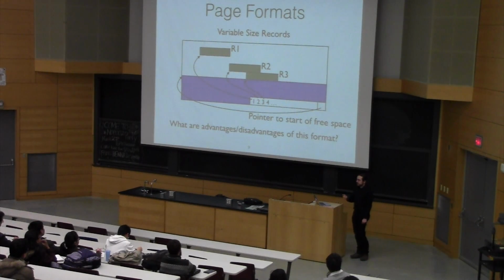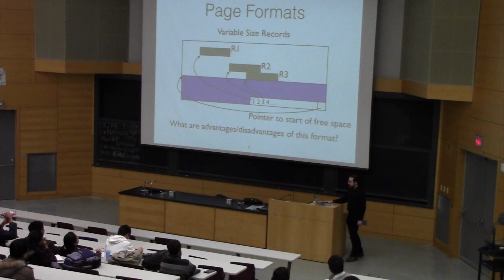So periodically, if I have one of these representations, I'll probably want to go through all of my pages and rebuild them, moving all of the records to the front of the page, compacting them, and freeing up some memory.